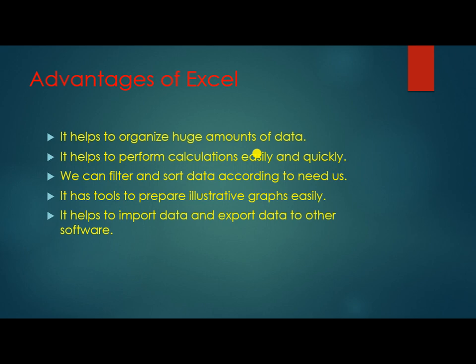So what to do? You have to find the names you have written. Here one option is there, filter and sort data. If you mention the sorting order, like ascending order, A, B, C, D will come according to the first letters.